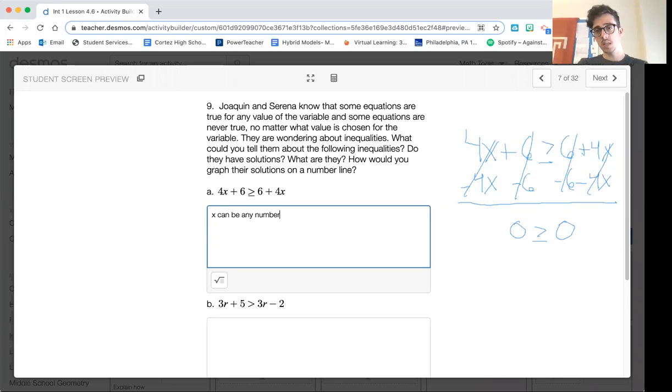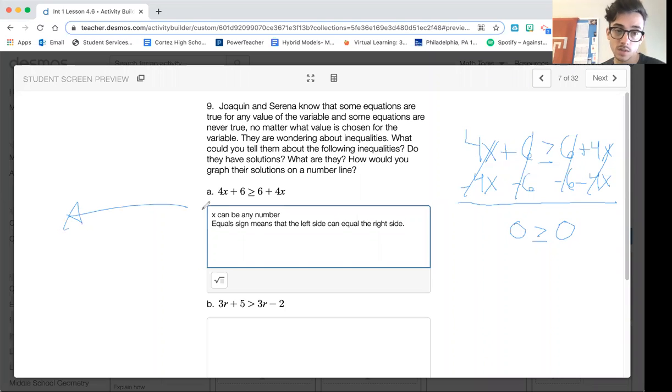Because if you look closely, the equal sign means that the left side can equal the right side. And since they're both +4x, both +6, it can be any number on a number line. So you could draw the number line like this.